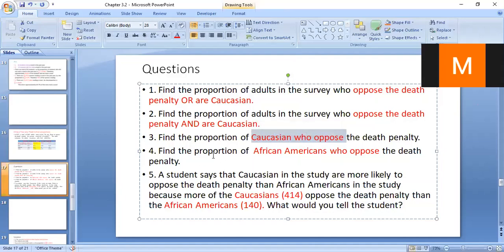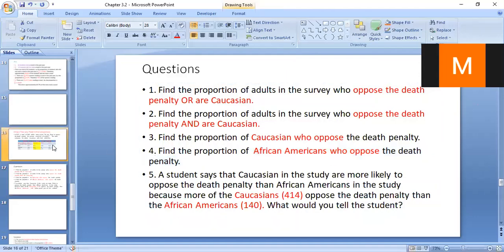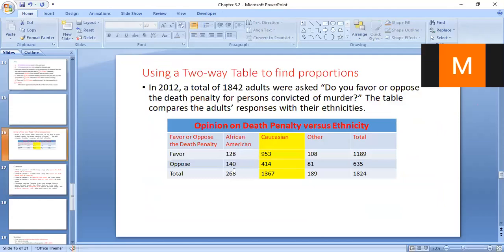And question 4, the proportion of African American who uphold. Question 3 is Caucasian, and question 4 is African American. So look here, African American. The total is 268, but the uphold is 140.